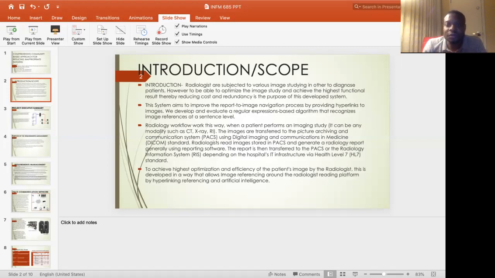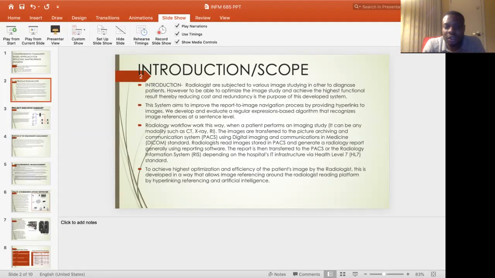Reducing redundancy is also the purpose of this developed system. The system also aims to improve the report-to-image navigation process by providing hyperlinks to images. Here, we have to develop and evaluate a regular expression-based algorithm that recognizes image references at a sentence level.